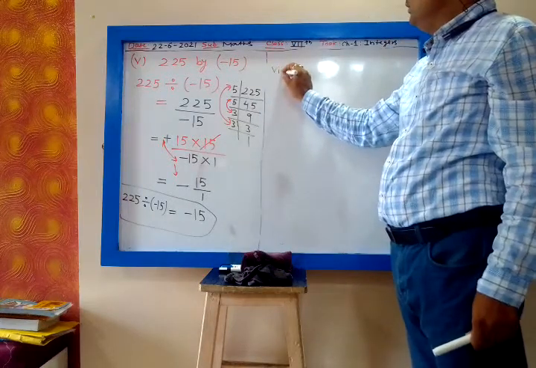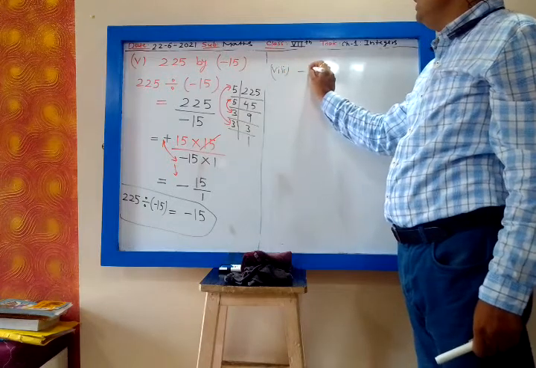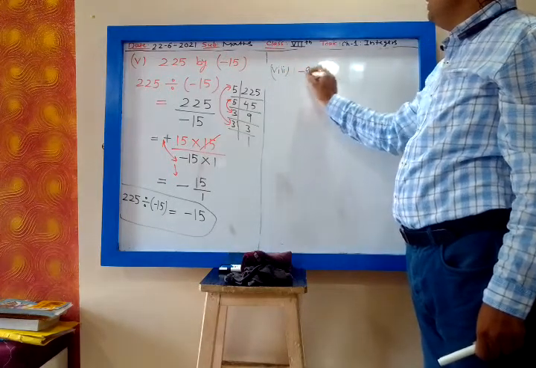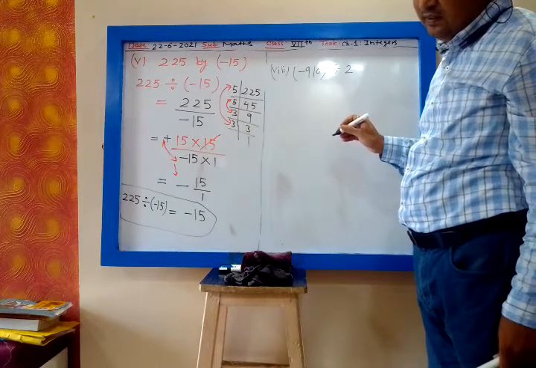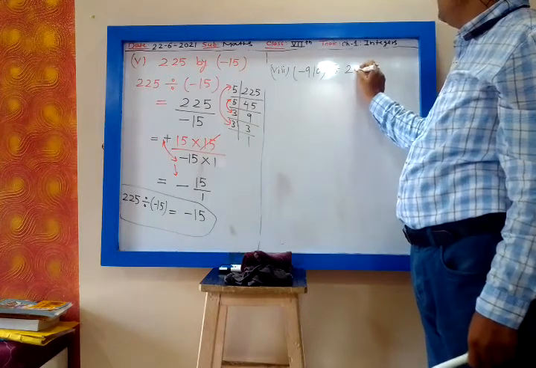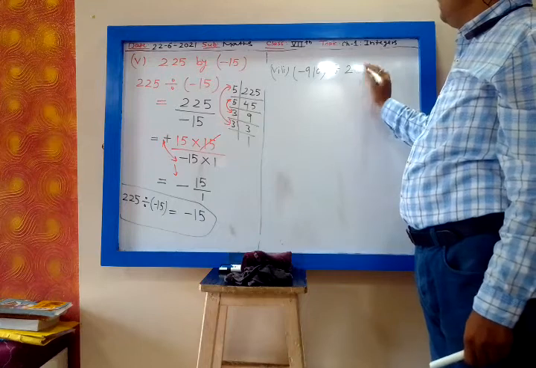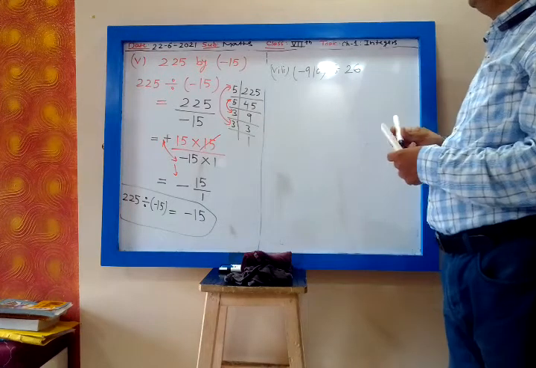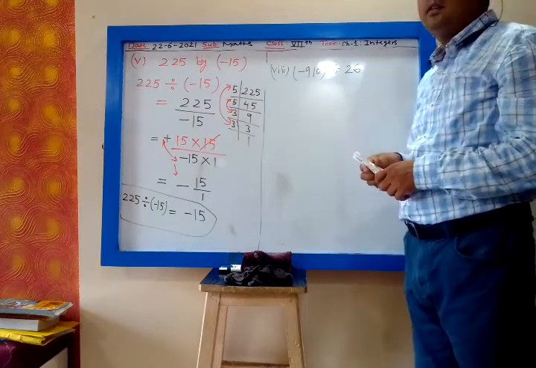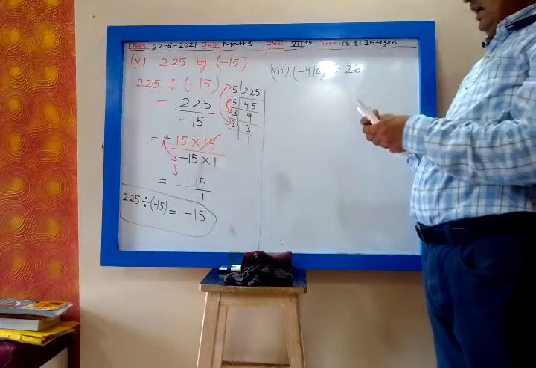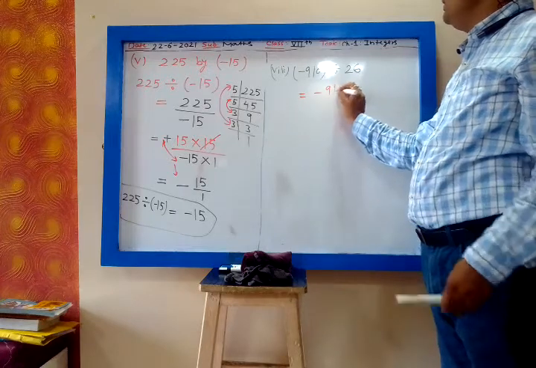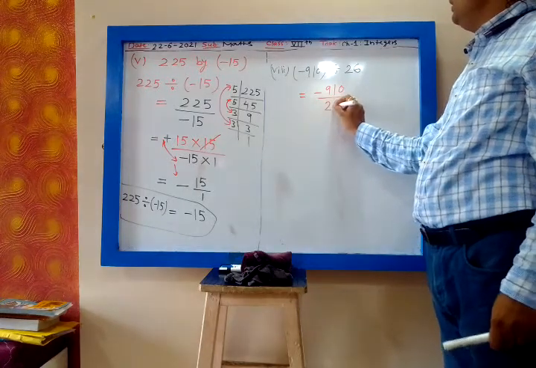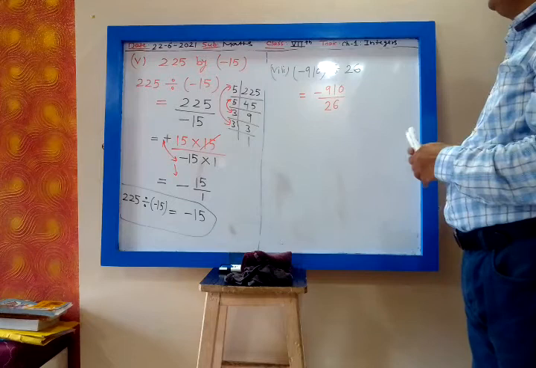Minus 910 divided by 26 is equal to minus 910 upon 26. A divided by B means A upon B.